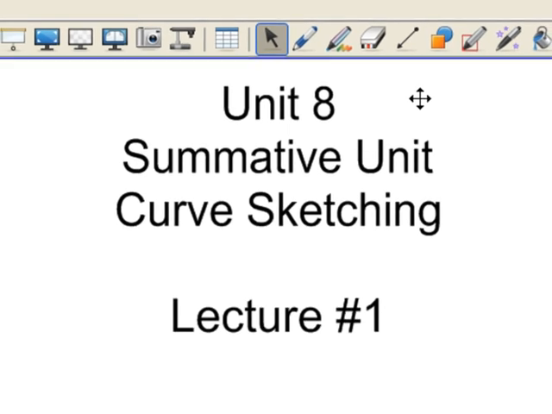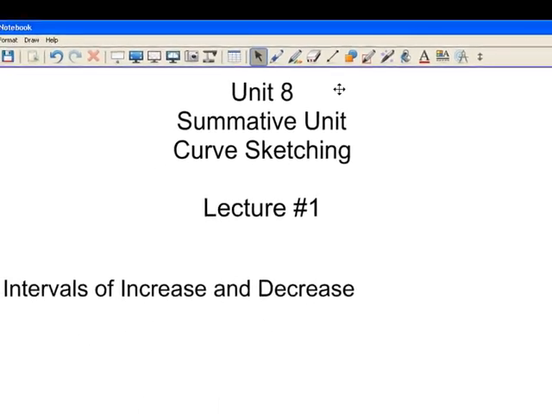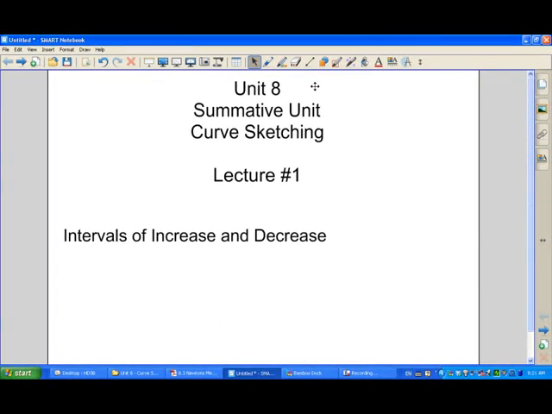So to start today, we're going to talk first about finding intervals of a function where the function's increasing and decreasing. So intervals of increase and decrease.